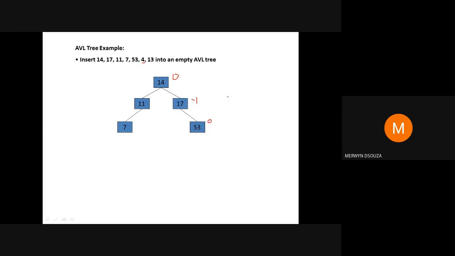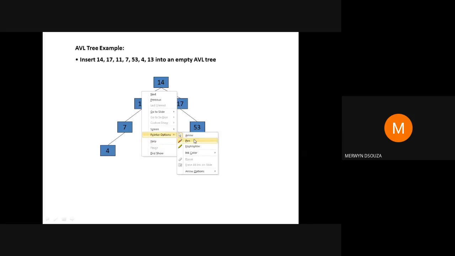So now, once you have checked that the balance factors of all these nodes are proper, you're going to go to the next insertion. So now you're going to try to insert 4. In the next step, you're going to insert 4 here. When you insert 4, you're going to calculate the balance factors for these nodes all the way to the root.